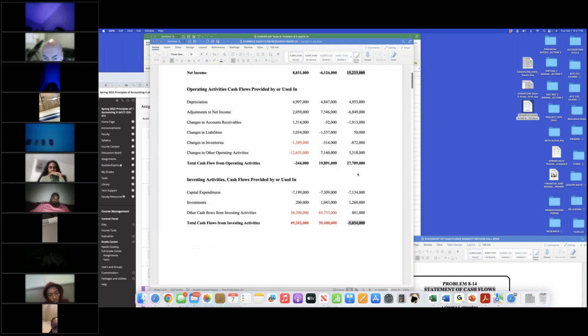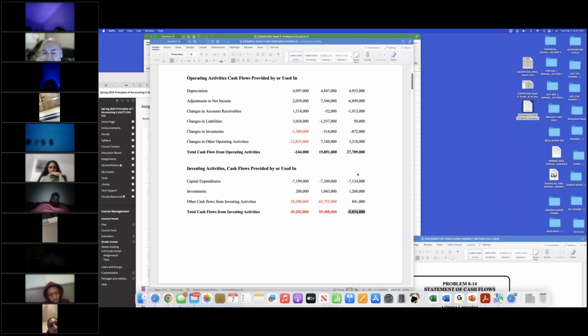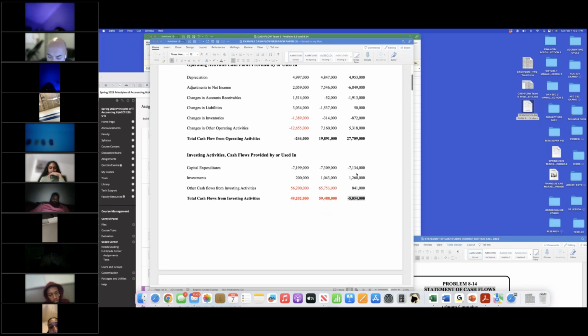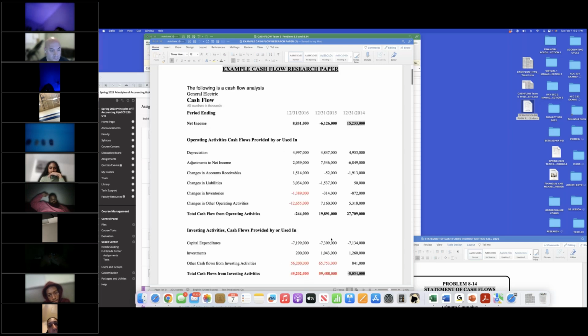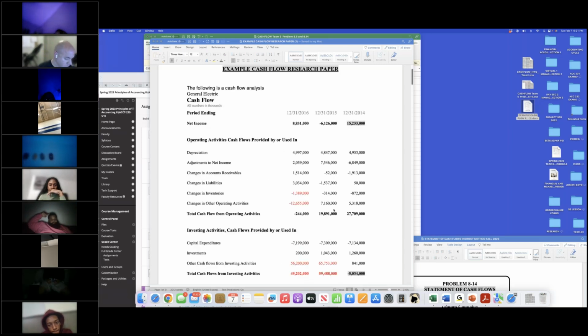And this student was initially thinking of going to work with GE until he did this analysis. Once he did the analysis, he went the other way. 2014, 2015, 2016, he saw the trend went from operating amounts here and here to a minus 244,000.